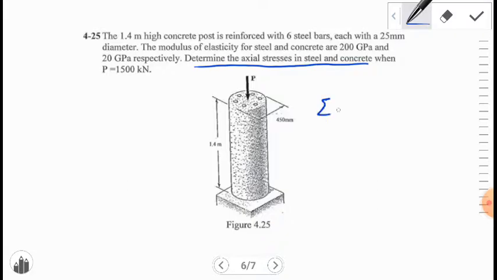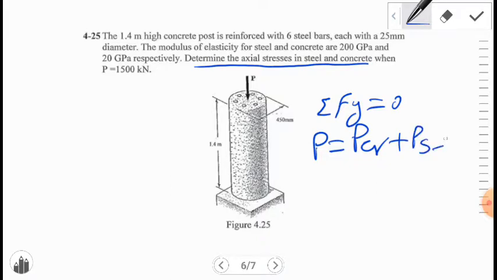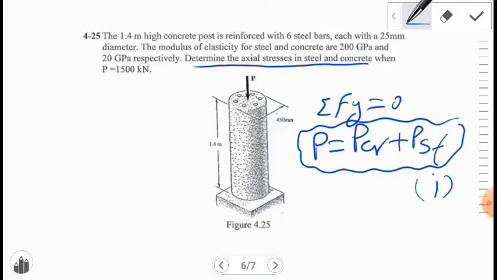If we write sigma Fy is equal to 0, we can write the total P is supported by P concrete plus P steel. This is equation number 1. We know that, based on the question data, the total P is equal to 1500 kilonewton.